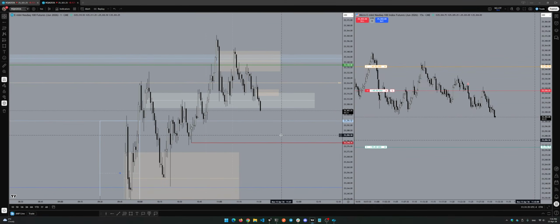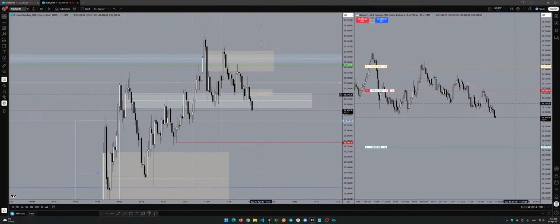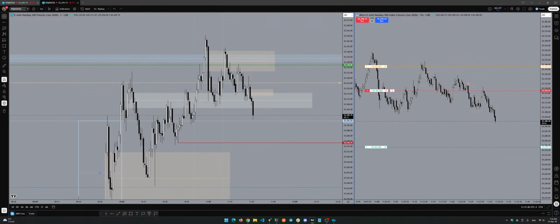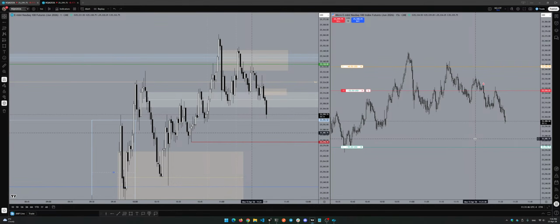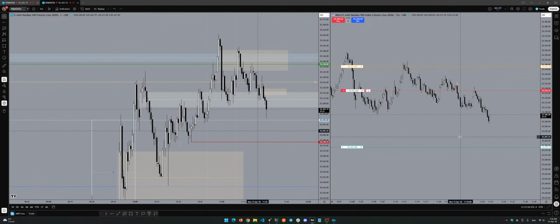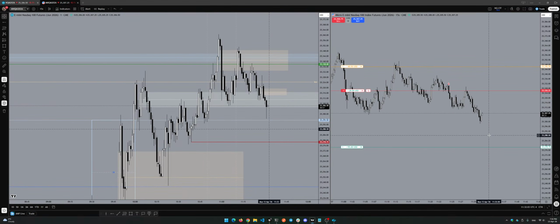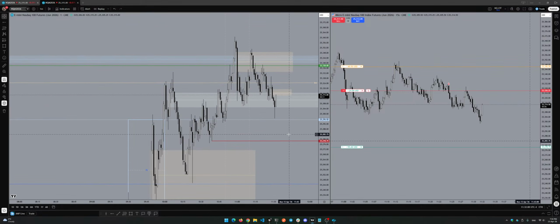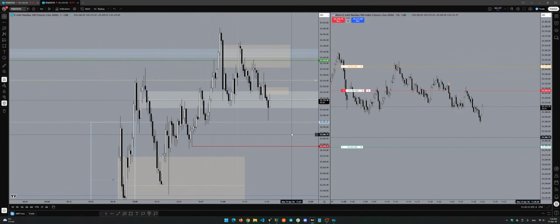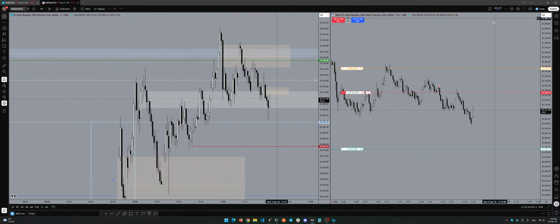Now, SMT. I want it to be a breakaway gap. Not a breakaway gap.